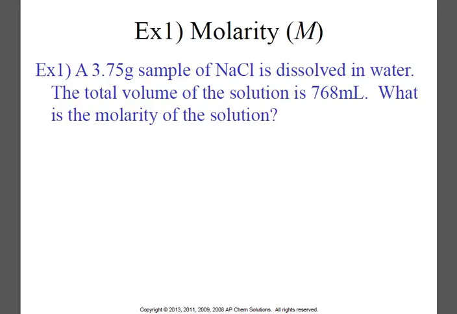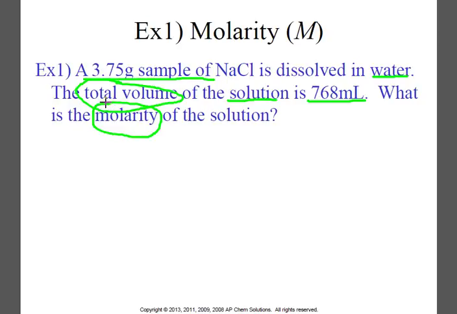All right, so here's our first example. We have a 3.75 gram sample of sodium chloride, and we're dissolving it in water, and then the total volume of the solution is 768 milliliters. What is the molarity?